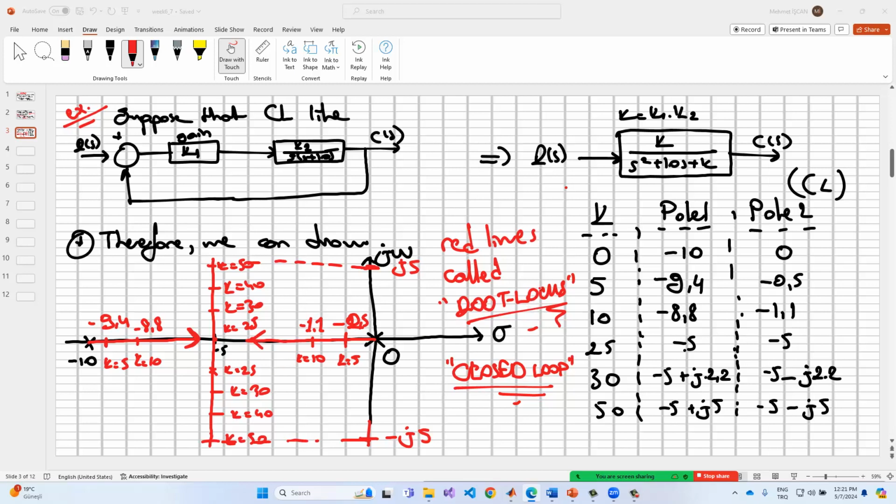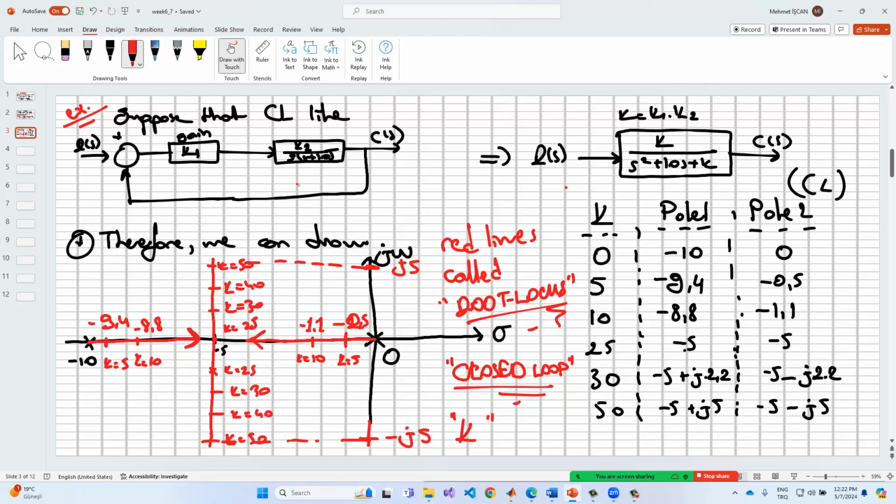And so we can design our closed loop transfer function based on the K value. We can set different K values here, and so we can determine how our system responds to the value of s on this closed loop function.